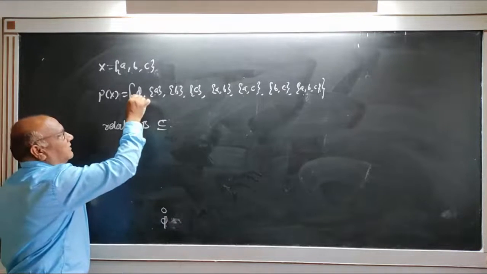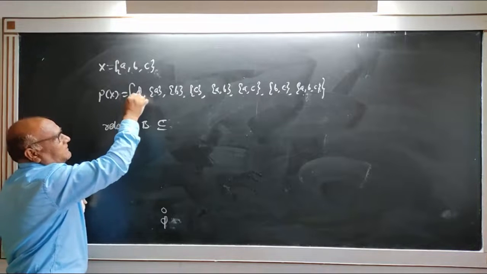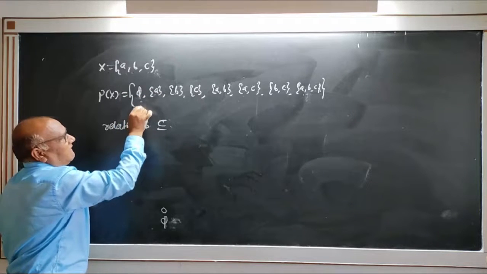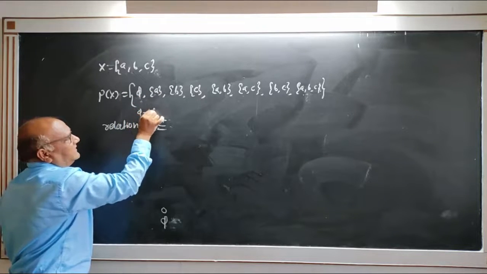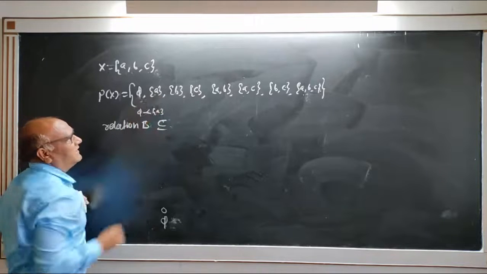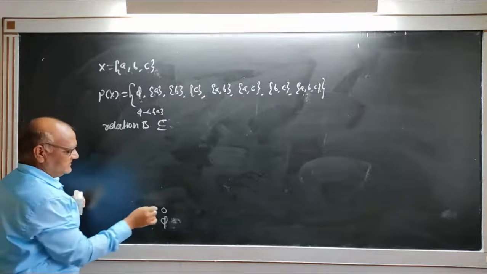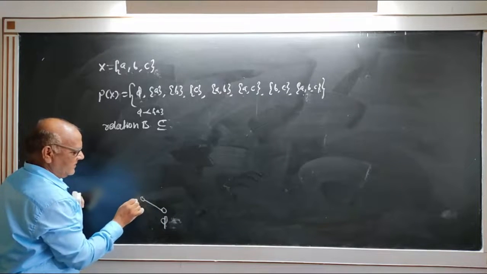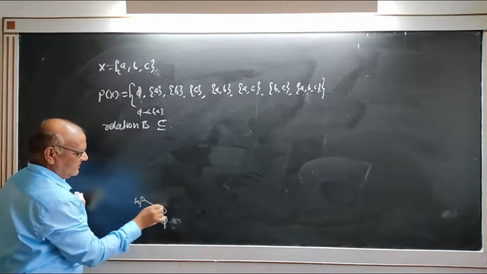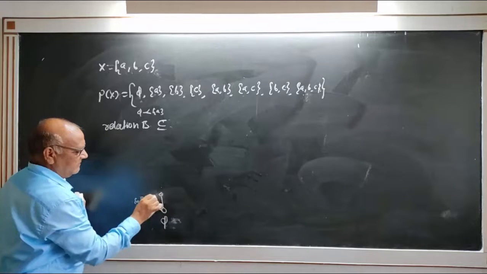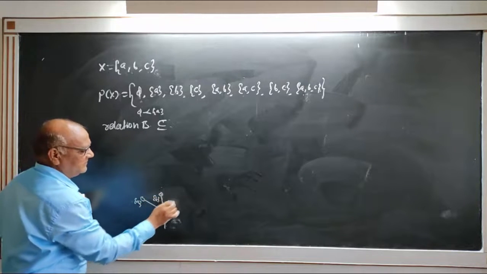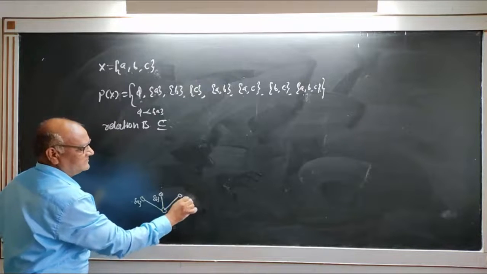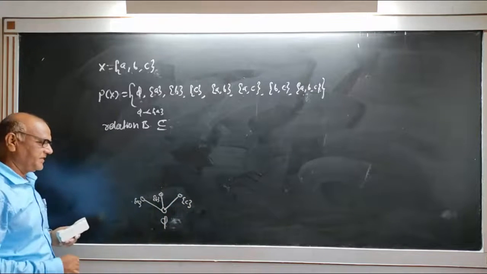Now, phi is covered by singleton A, similarly covered by B, covered by C. So right here, A, B, C. Okay.